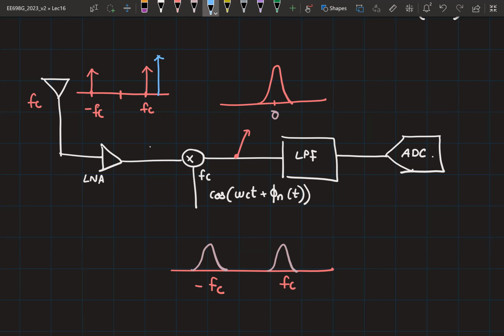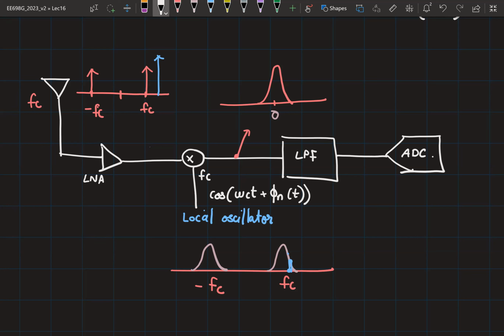This blocker will get multiplied by the corresponding frequency component of the phase noise, and that can also fold back into the baseband. So the phase noise spectrum of the clock used in the mixer, which usually comes from a local oscillator, is a very relevant parameter when you are designing RF transceivers.